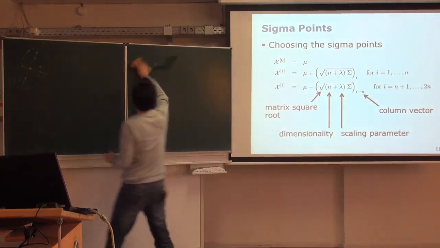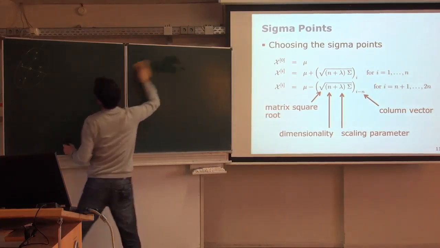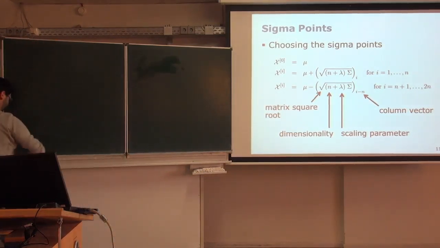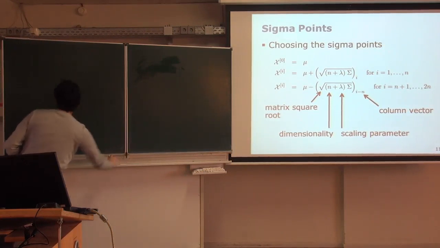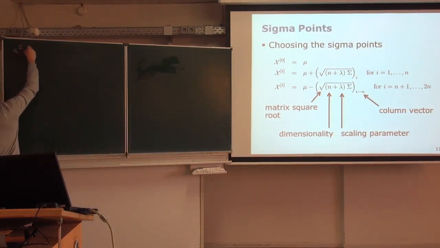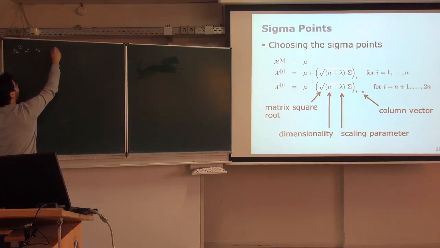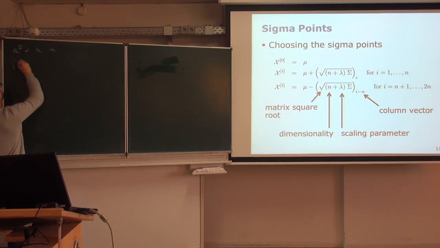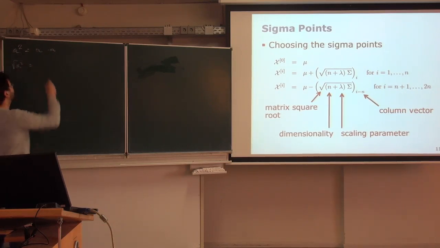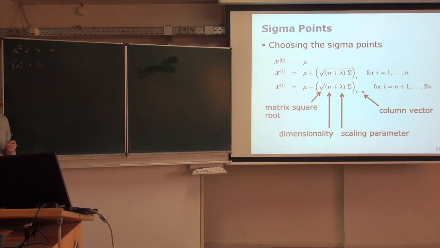So if I have a number, let's say a squared, this is equal to a times a, right? So if I want to take the square root of a squared, this is equal to a, right? So only if a is greater than or equal to 0.